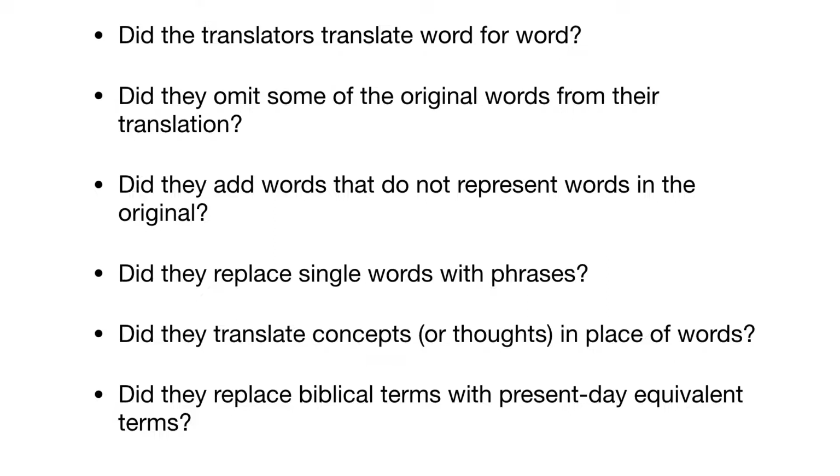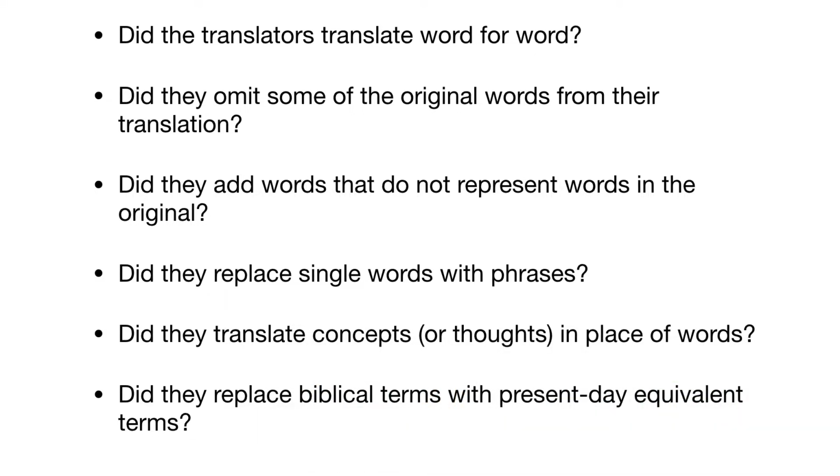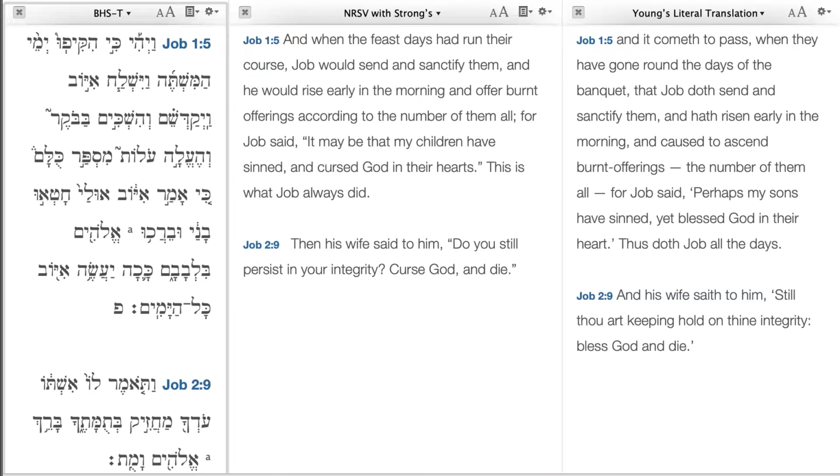In his discussion of concepts, the only example that he gives is kind of unfortunate, where he talks about the use of the word bless in Job, which occurs 5 times in Job, where the verb to bless God, here it is in the Hebrew, is translated curse God in the English Bible.